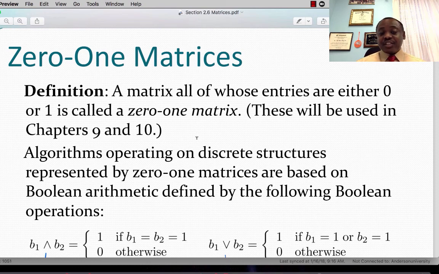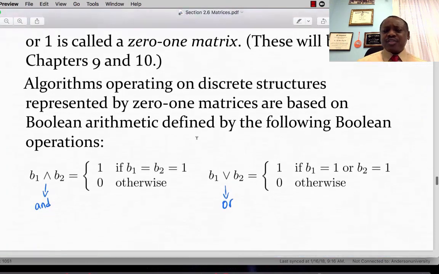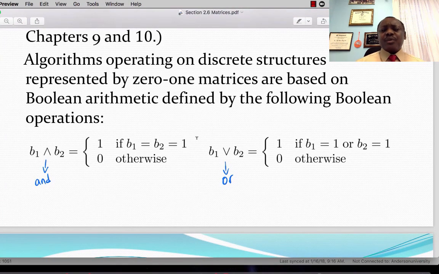So we are defining some Boolean operations, and I don't want you to get scared, because we have actually seen something very close to this in chapter 1. B1, B2, and this operation, for now, I'd prefer you just use the word AND. So this will be B1 and B2, and this will be B1 or B2. So what happens if B1 equals B2 equals 1?